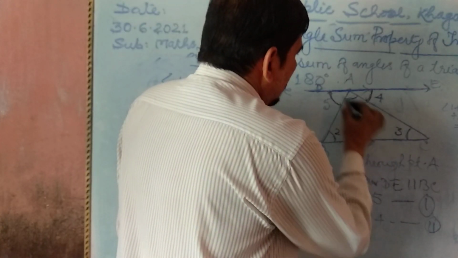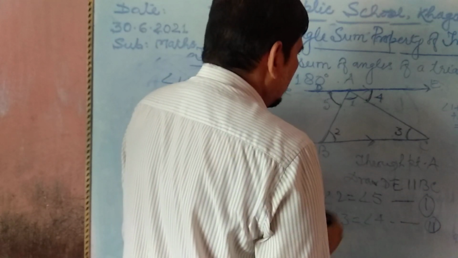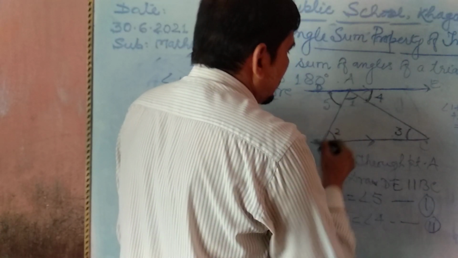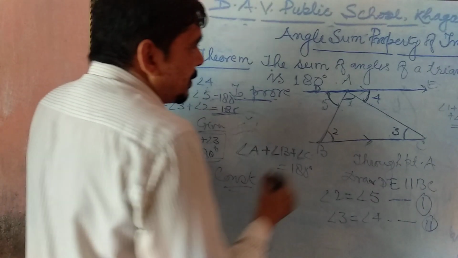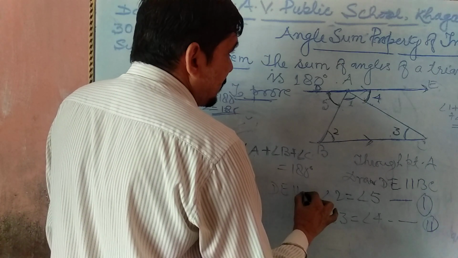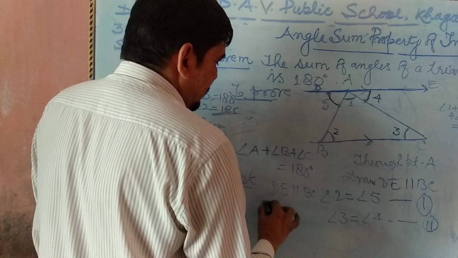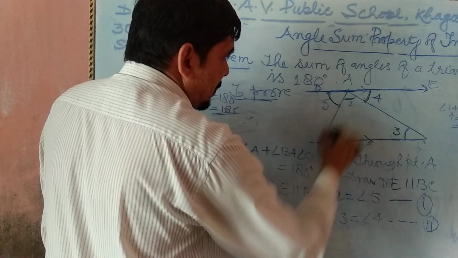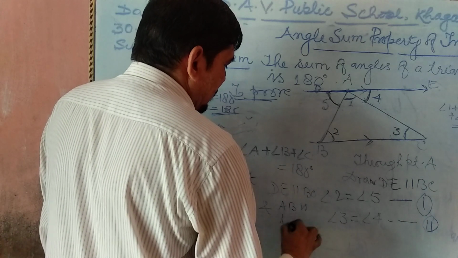Now DE is parallel to BC and AB is transversal.